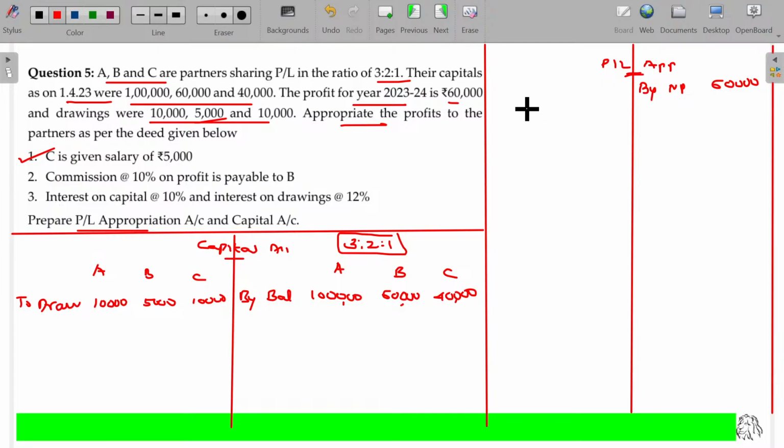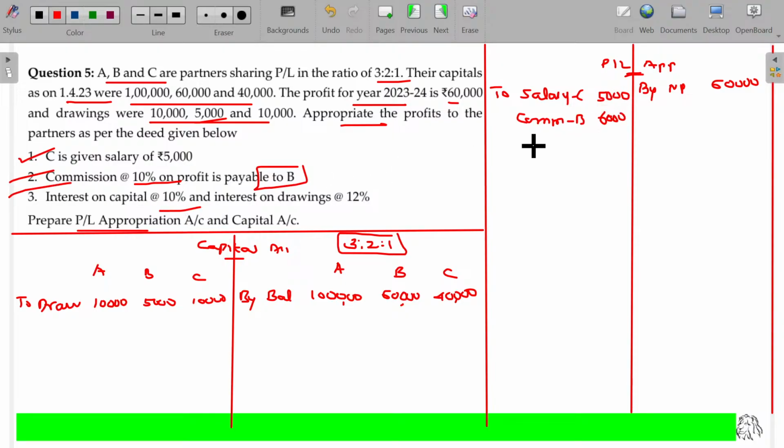C is given salary of rupees 5,000. And commission 10% on profit payable to B. 10% on the profit. So profit being 60, 10% on this being 6,000.